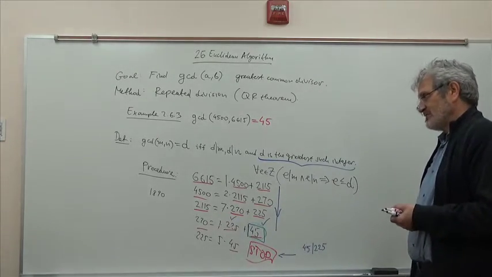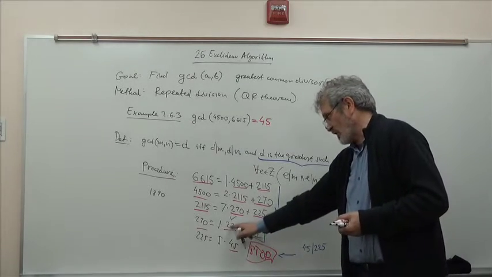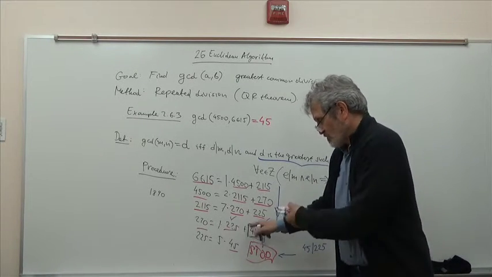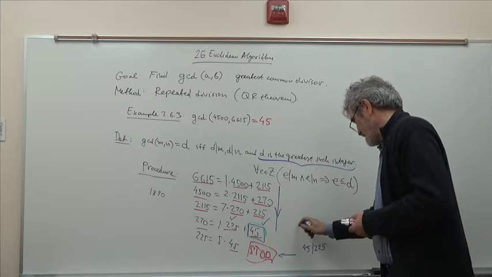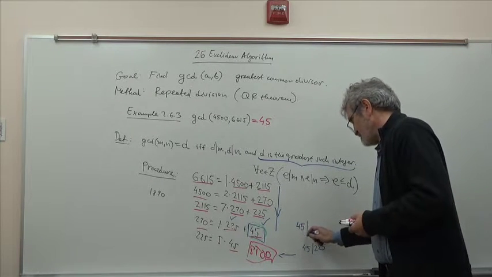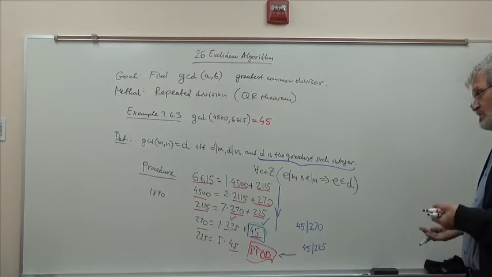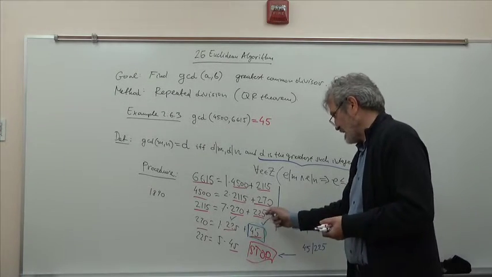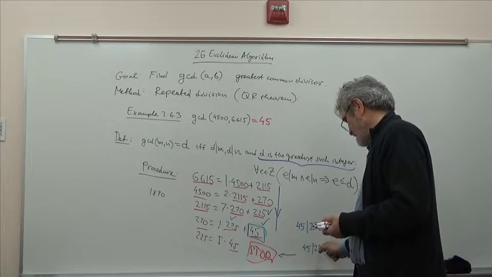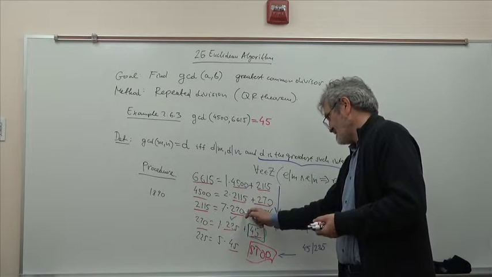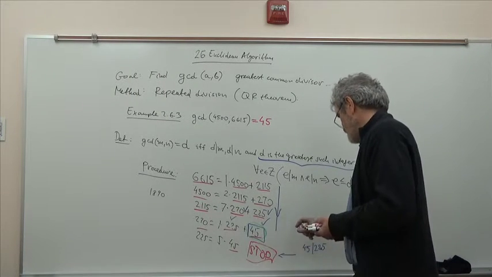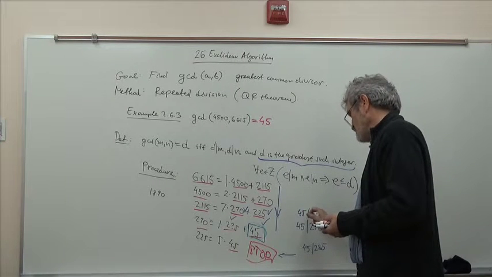That's why it divides into 70, because it could be factored out from here and from here. So 45 now divides into 70 as well. And then you keep going up. Now if you go to this line, it divides into 225 because you already have that, and divides into 270. So 45 divides into 2115.